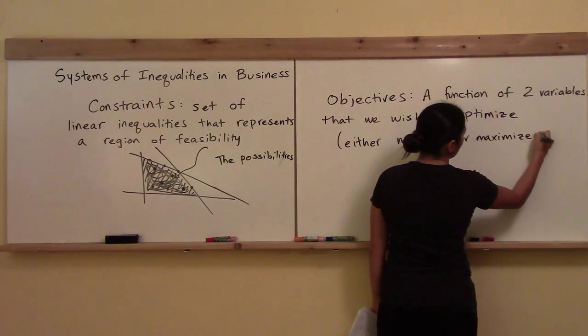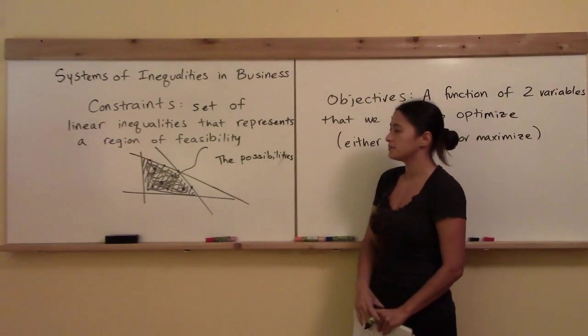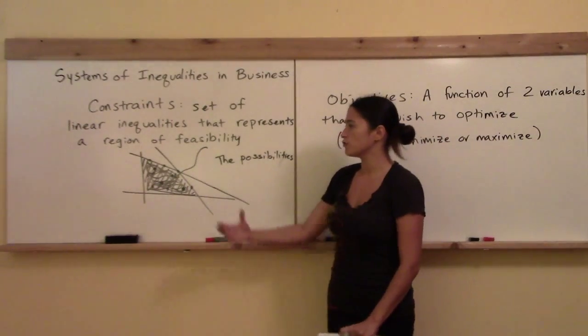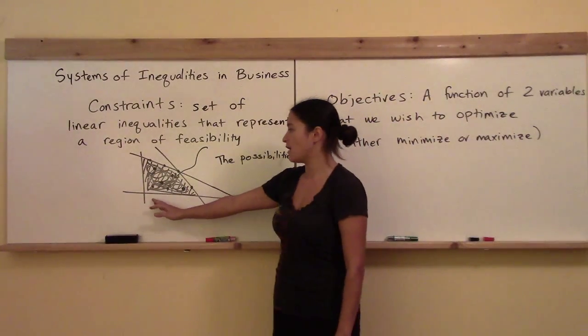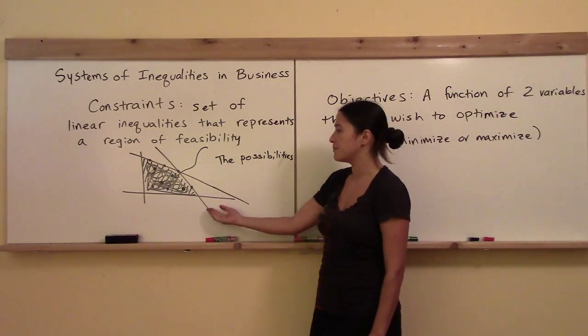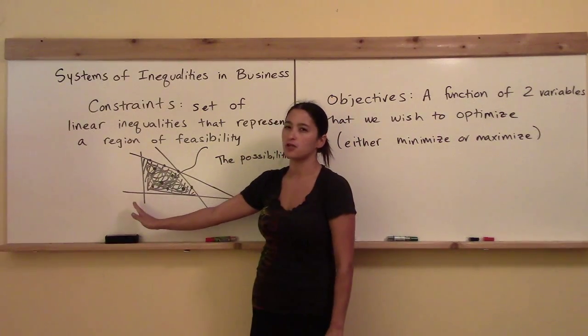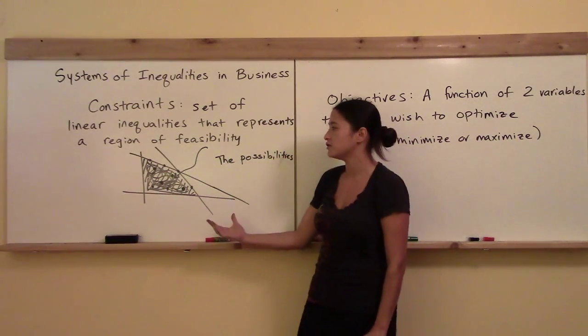Okay, so some rough examples of this before we get into the concrete word problems. Let's say that we're restricted in the number of hours that we can, say, go outside and plant our crops. And we're also restricted in the number of hours that we can process our crops. Those are two different things that we have to do.